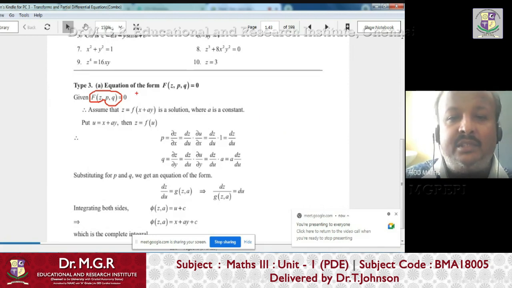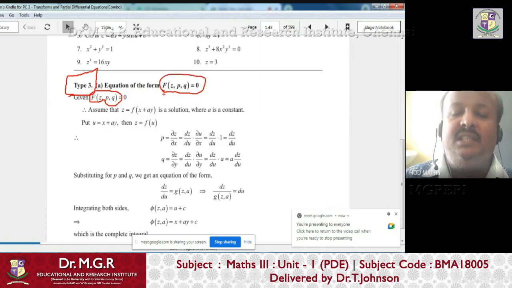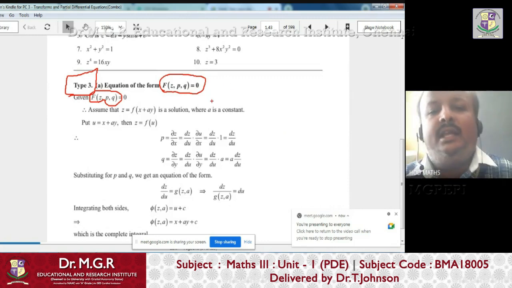So that is called type 3 PDE, which is any form of PDE which contains z, p, q, so they call it a function of z, p, q. That means any equation which contains only z, p and q.